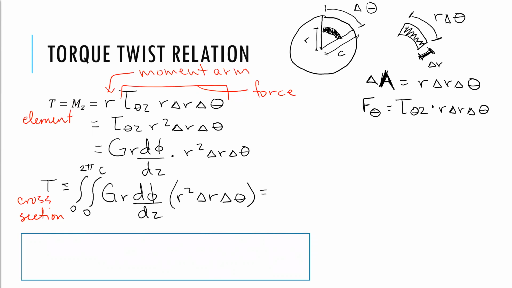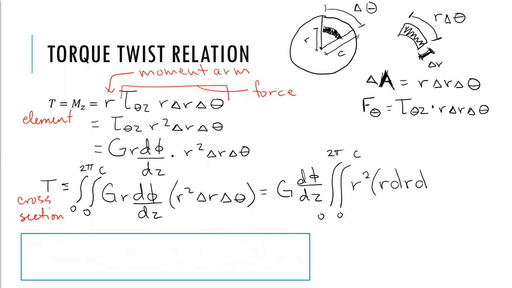And I apologize for those of you who it's killing that I didn't make that r cubed. You will see why in just a second. Okay, so I make this dr dθ. Probably should have done that here. These deltas, if I put them in an integral, it has to be d instead of delta.